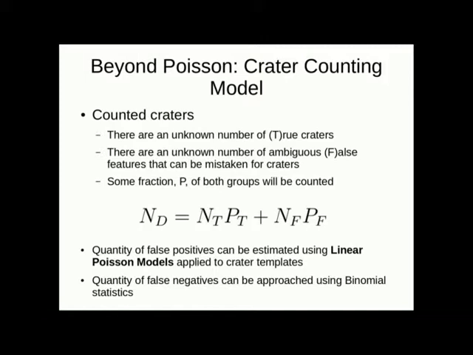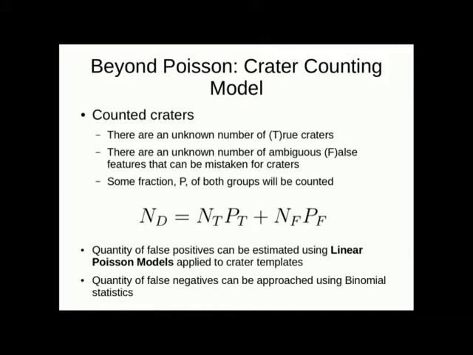So if N_D is the total number of counted craters within a given diameter range, then this is equal to N_T times P_T, which is the total number of true craters that is counted, and we add to that N_F P_F, which is the total number of false craters counted.